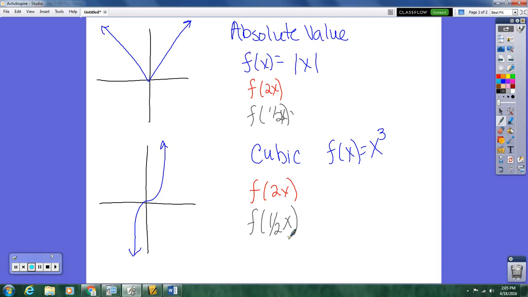So it's both in the parentheses. What is this first equation going to look like? Where's that 2 going to be? Inside the absolute value or outside? Is it inside the parentheses or outside? Inside. So that means it should also be inside here. So absolute value of 2x.